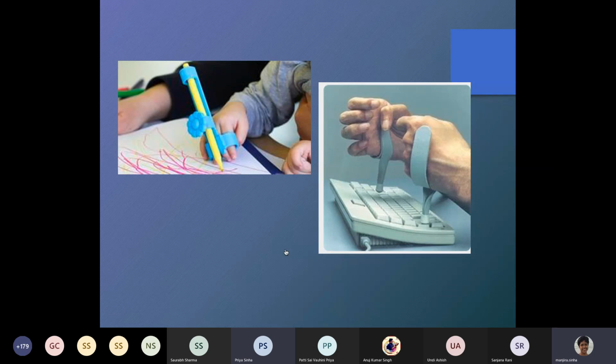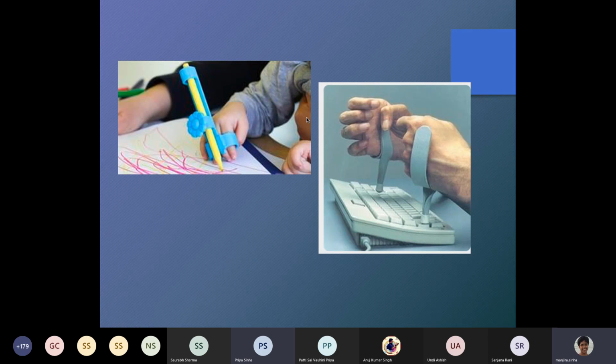But there are also examples of 3D printing which can help children with dyslexia, children with autism, and persons with dexterity impairment. You see, this is called a pencil grip. It may not be the case that this particular child has a neuromotor disability.